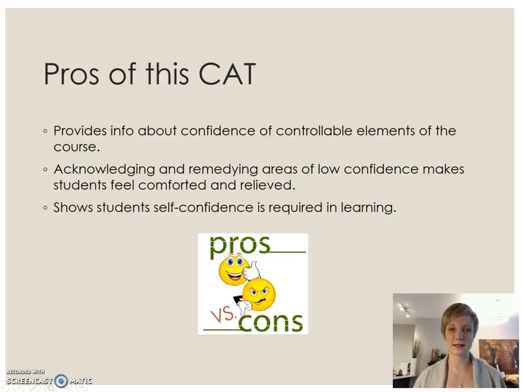Some pros of this CAT are that it provides information about confidence of very controllable elements. So it's things that students are easily going to be able to work on, and you as an instructor are going to be easily able to help them work on those. By acknowledging the fact that there are low levels of confidence in certain areas, and letting the students know that you're going to work towards remedying them, students feel much more comfortable and relieved.